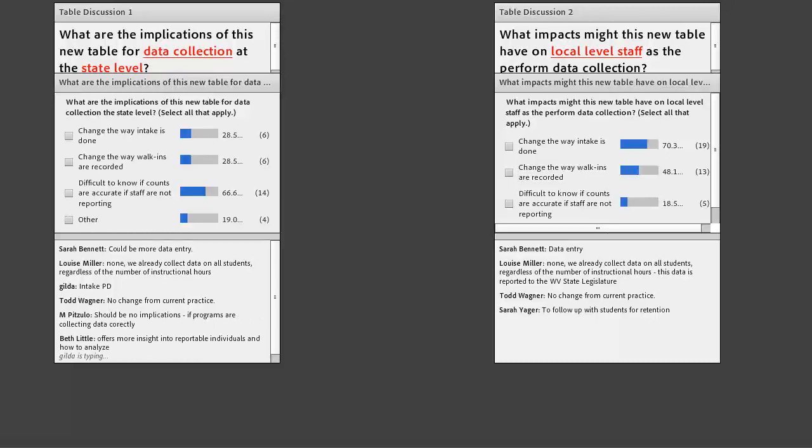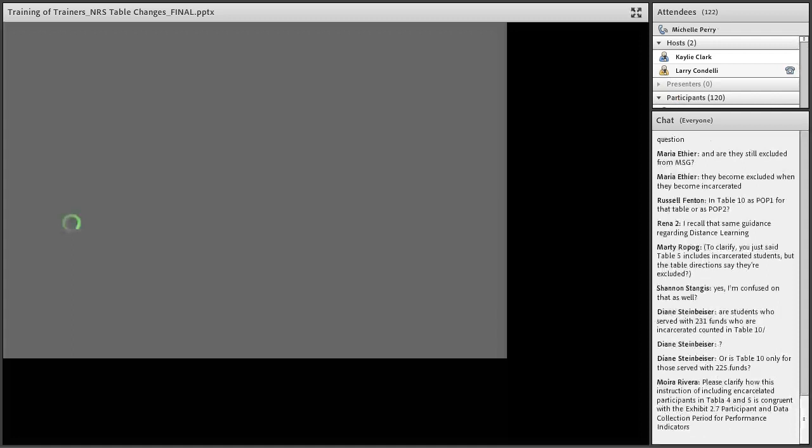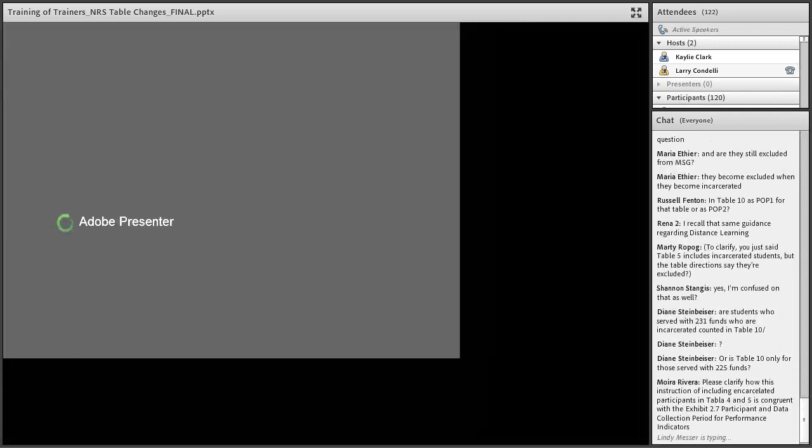On the local level, again, data entry and no change or follow-up, can follow up with students for retention. So keep these in mind when you're working with the new tables and sharing it with your local programs. I think we'll move on to the next table.